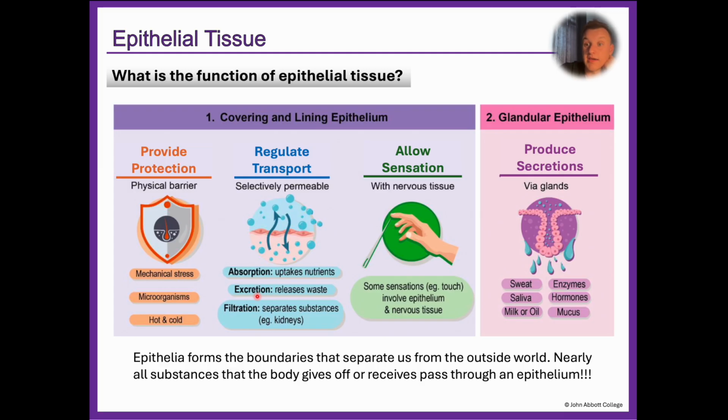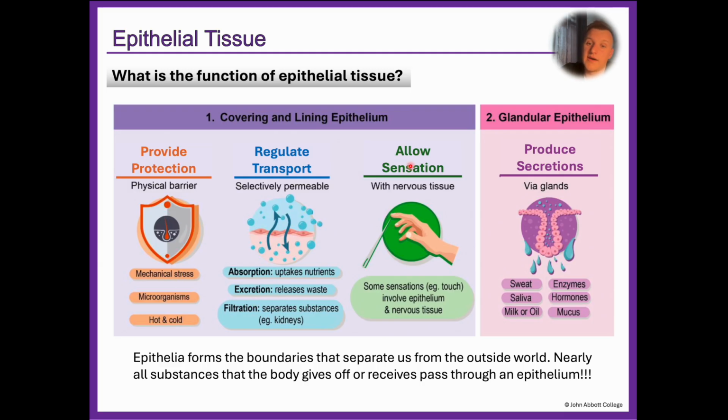Some epithelium, like the ones in the kidneys, allow us to excrete and release wastes out into the urine, so it allows us to exchange, right, and transport things across the epithelium. And then filtration, right? Some epithelium separate substances and keep some or excrete out others. That's called filtration, to allow certain things to come in but not others. You filter out what you want.